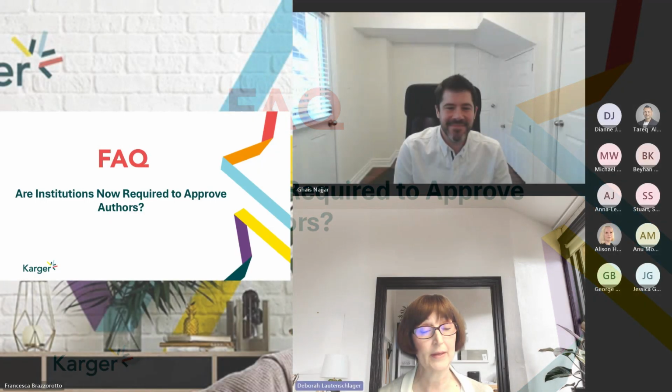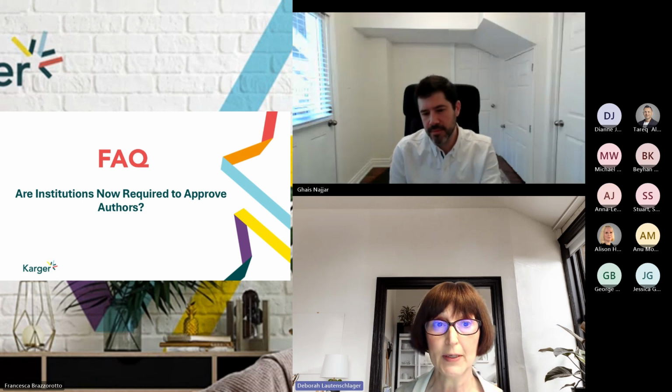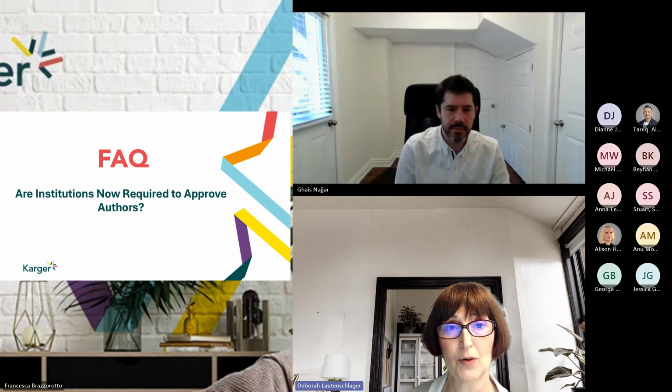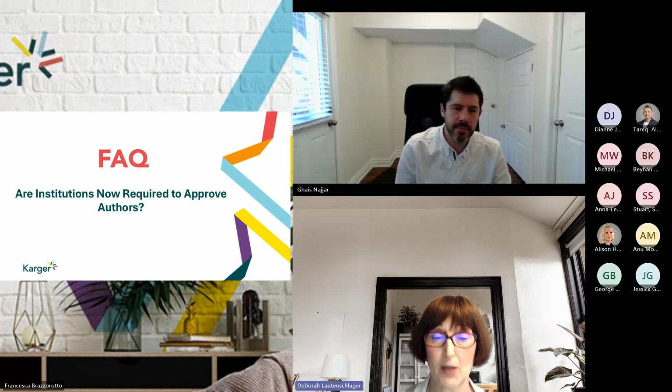Go ahead, Debbie. No, they're not required. It is a choice. So some institutions want to do it and therefore are set up like that, but it is really your option. It is up to you whether you would like to do it or not.